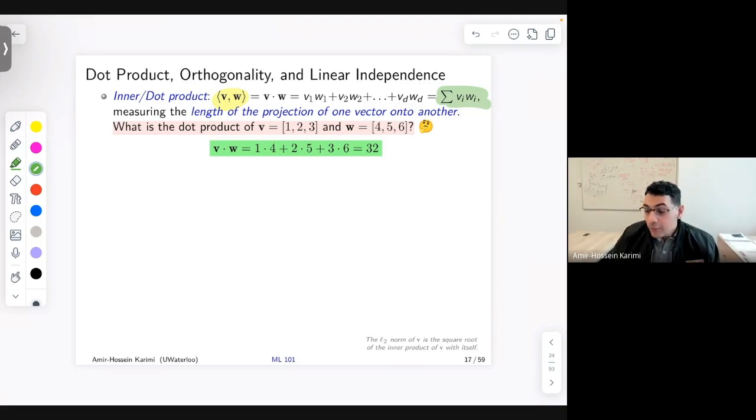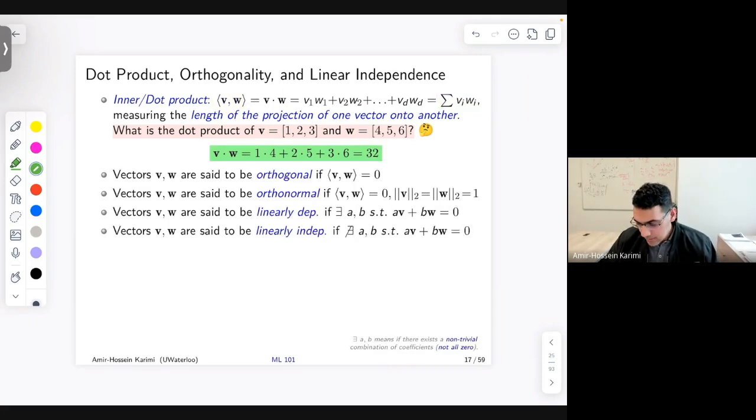Now, further understanding the relationship between two vectors is important because there are some very important special cases, including vectors being orthogonal if their inner product is 0, or vectors being orthonormal if not only are they orthogonal, but also their norm 2's are equal to 1.